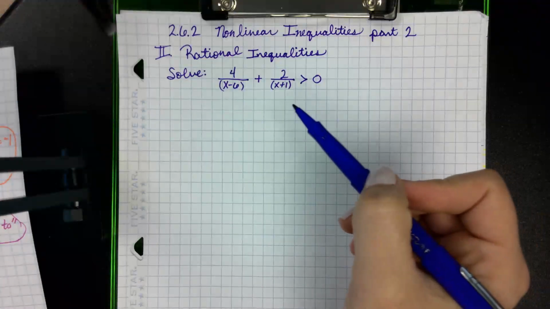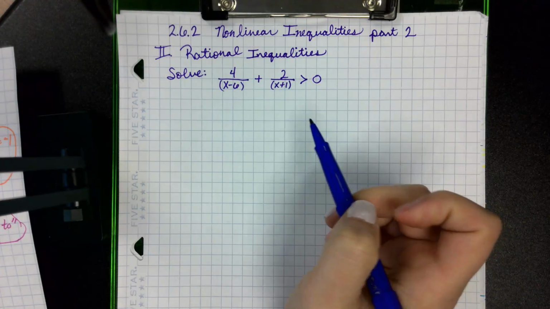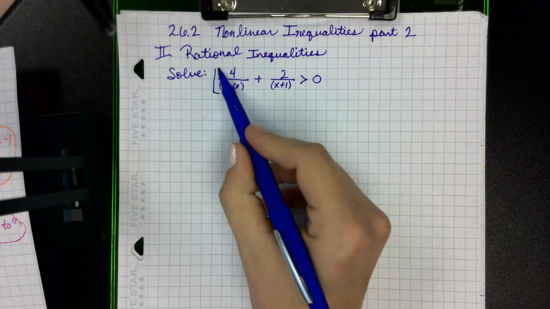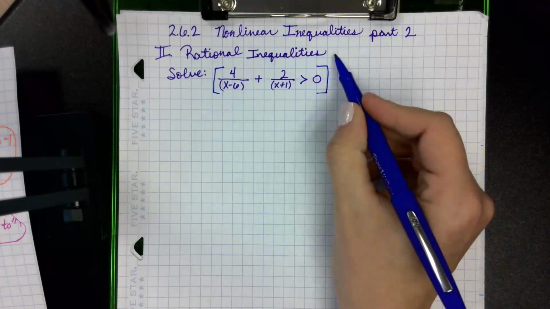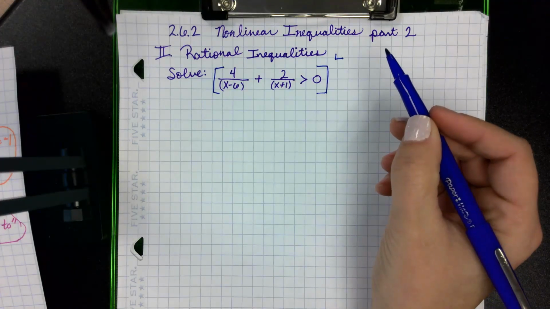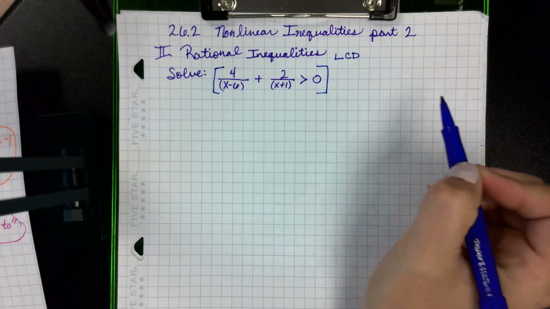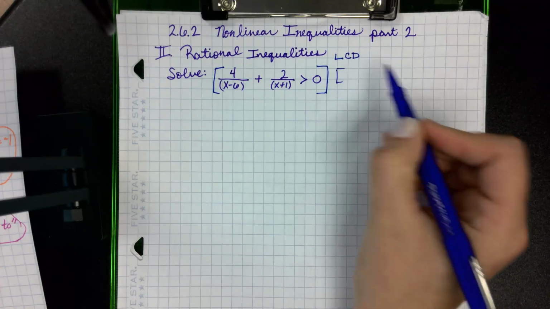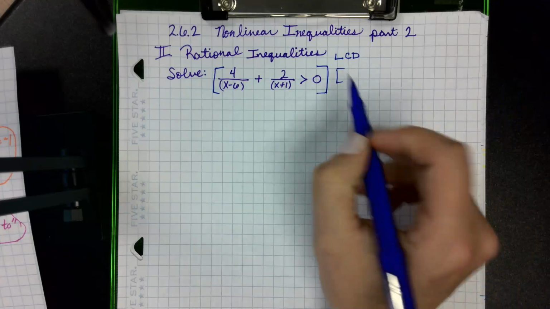So before we do that, we need to get rid of denominators, eliminate denominators by multiplying by the lowest common denominator, or LCD. So we take any of the denominators and we list them over to the side so we can multiply back.